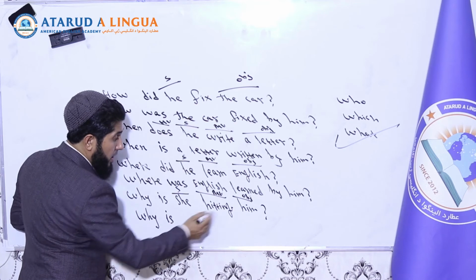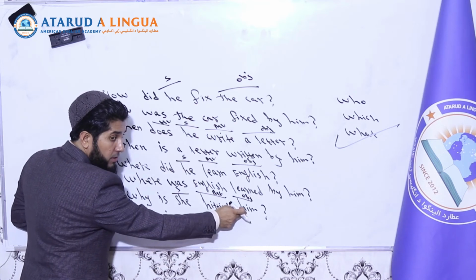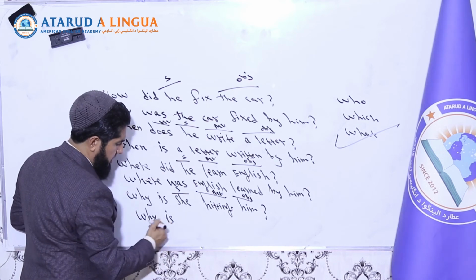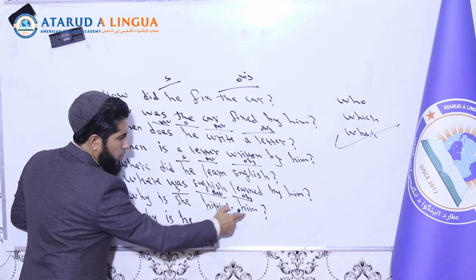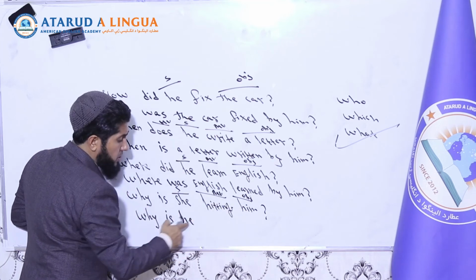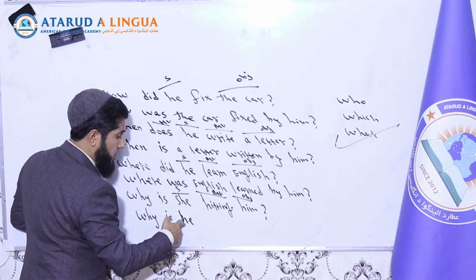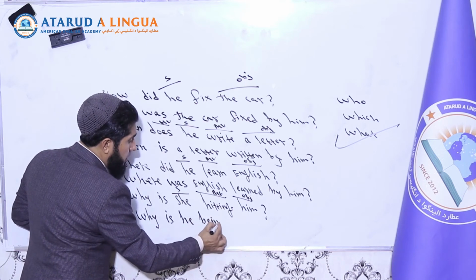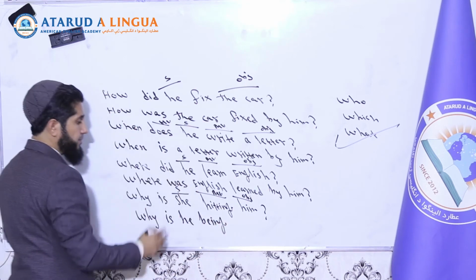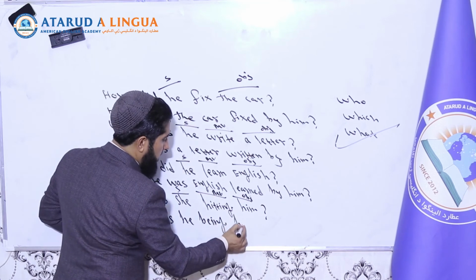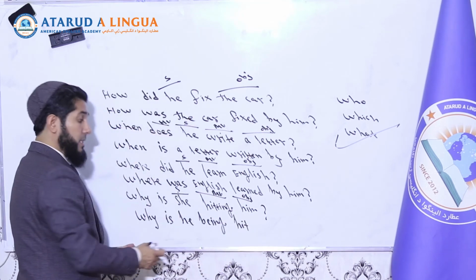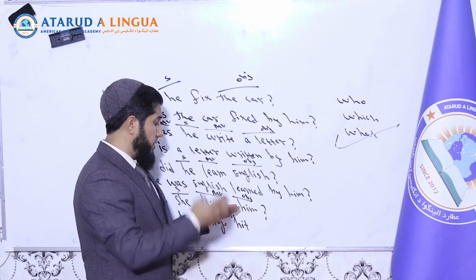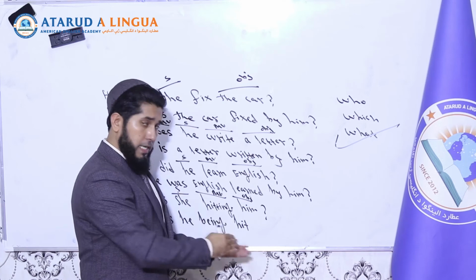Why is, and the object of the active sentence becomes the subject of your passive sentence. So why is he? So him is changed to the subject form, he. Why is he? And then you use the to be form being, and the past participle form of hit is hit, because it's an irregular verb, and all three forms of this verb are similar: hit, hit, hit.